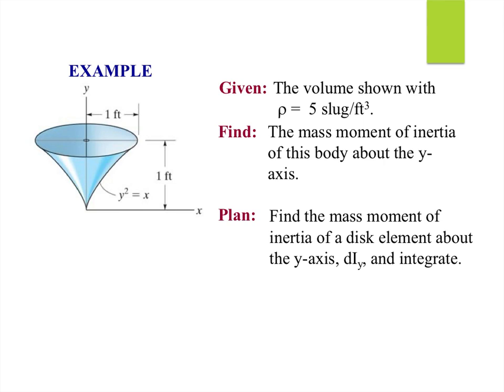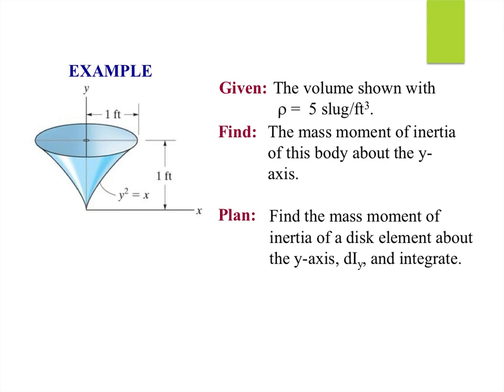Okay, so I wanted to look at an example of how we might do an integration for the moment of inertia, and in this one I'm going to do it in a particular way. This is a solid of revolution where we are taking the curve y squared equals x.